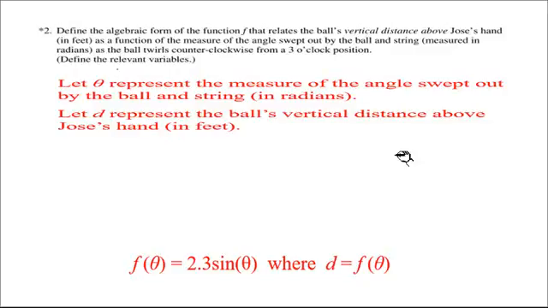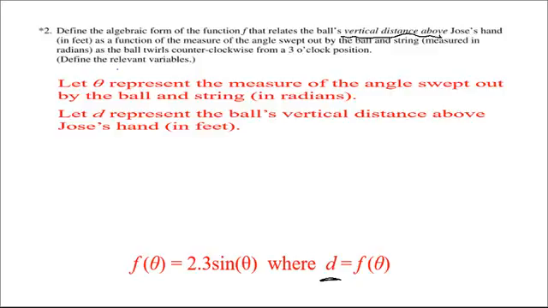Okay, question 2. Define the algebraic form of the function f that relates the ball's vertical distance, that would be d, above Jose's hand in feet. Key here is vertical distance above.